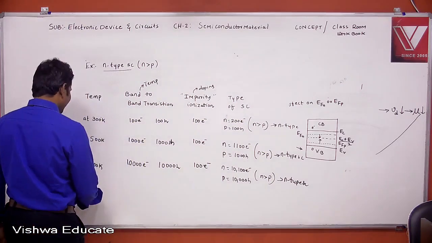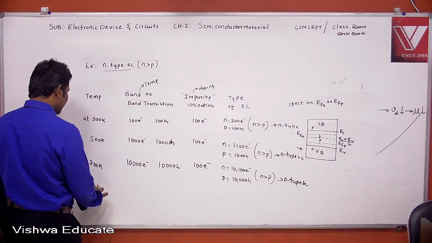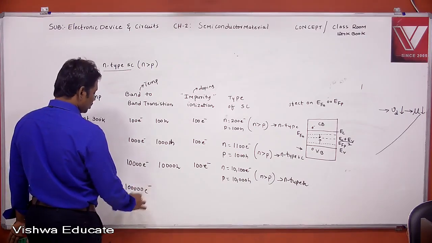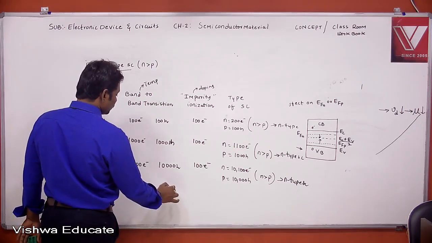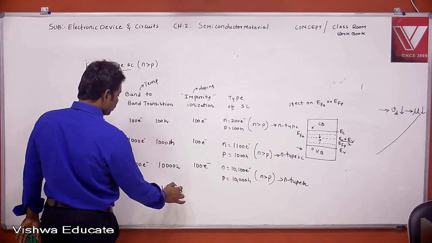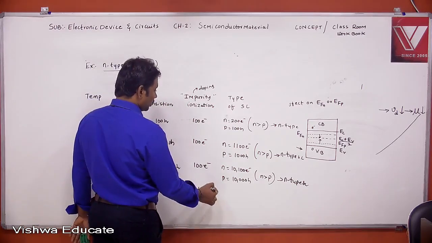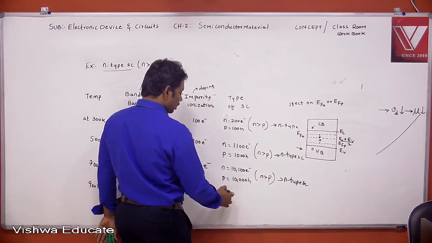Now I am increasing the temperature to 900 degrees Kelvin. Now these 10,000 electrons will become 1 lakh electrons, right? So this will also be 1 lakh holes, and this will be 100 electrons only from impurity ionization. And what is n here?